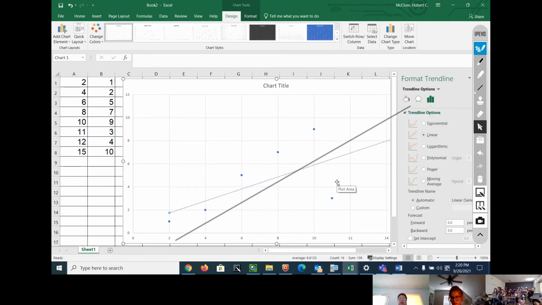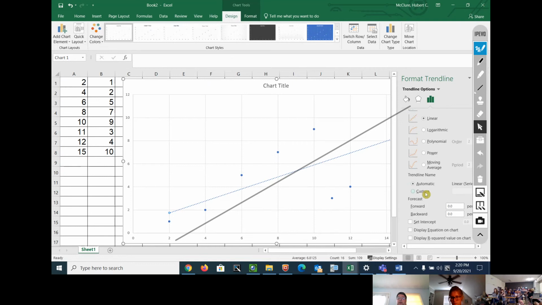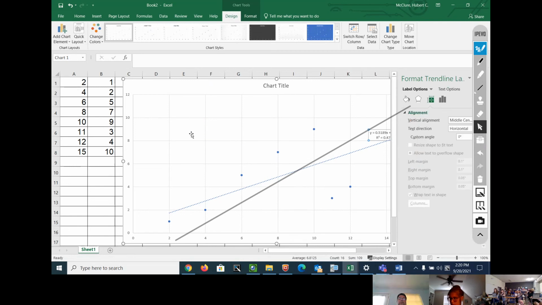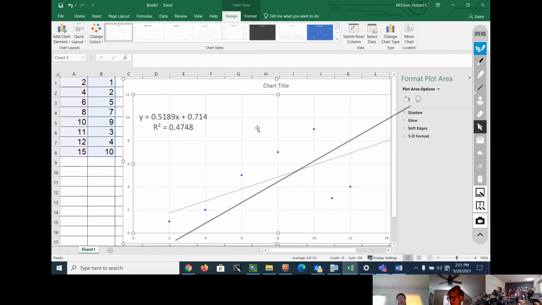And see, mine's a little bit off. And hit display equation and display R squared. And there is your line of regression and R squared, which we really don't care about.